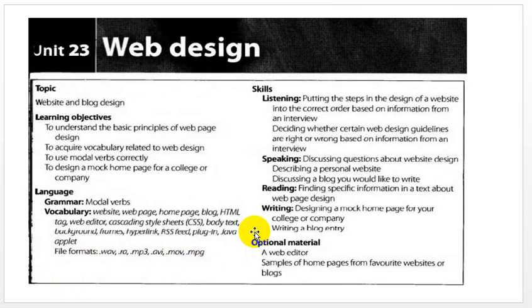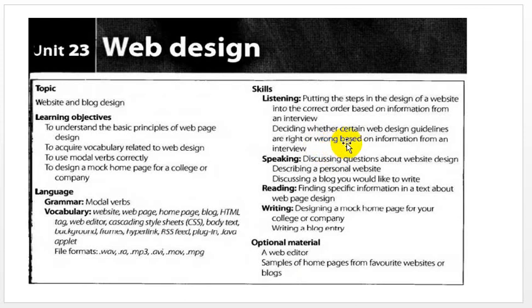In skills we have listening, speaking, reading, and writing. In these four skills, the first one is putting the steps in the design of a website into correct order based on information from an interview.